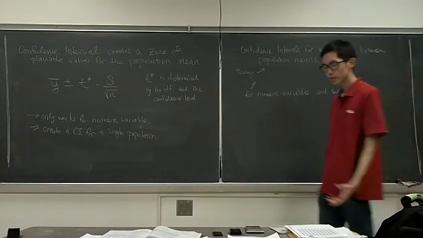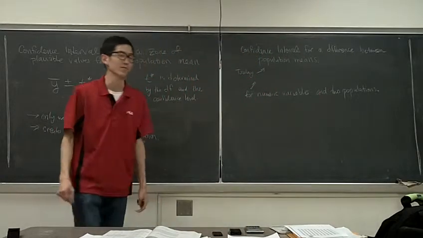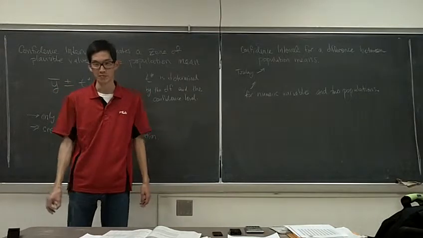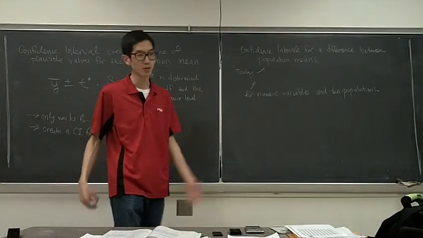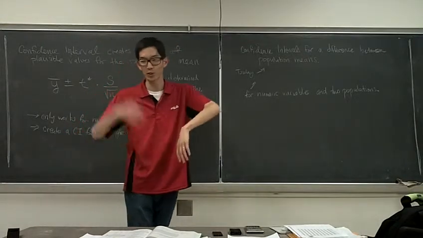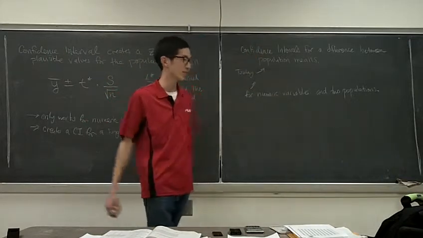What does it mean to have two populations? Think of an example where we might have two populations. Different countries, men and women, or children and adults. The United States or Canada, for example.